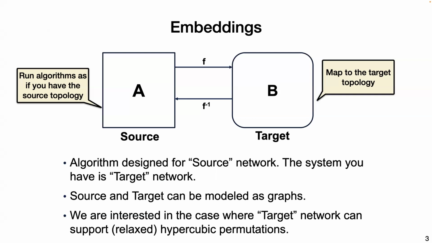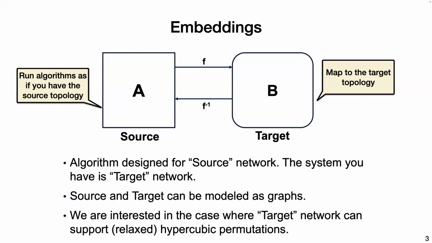Yeah, and the high-level way that all these embeddings go is that we have some source graph. The nodes in the graph are numbered by some bit strings, and we define some function to map the bit strings of the source nodes to some bit strings of the target nodes. What we want is, say we have one node in, and then we want to figure out which node we want.